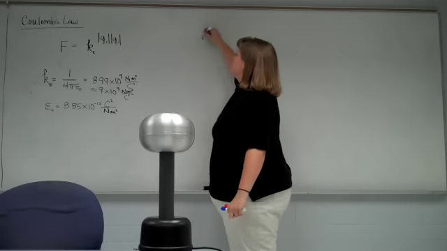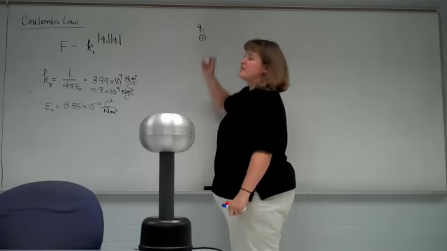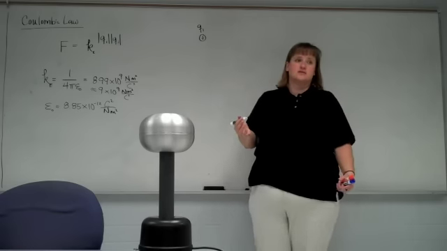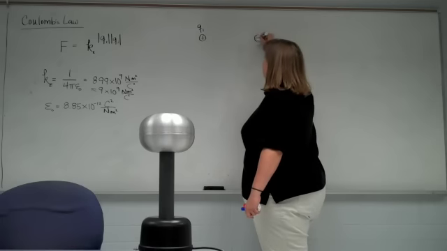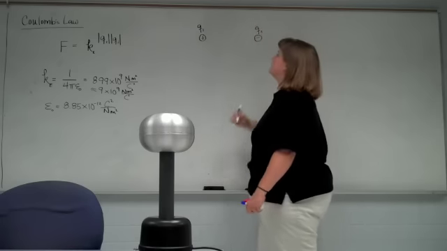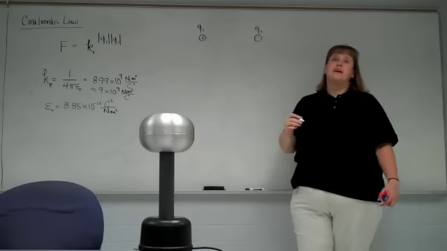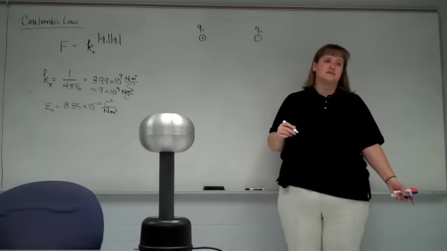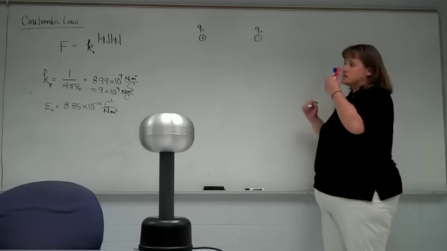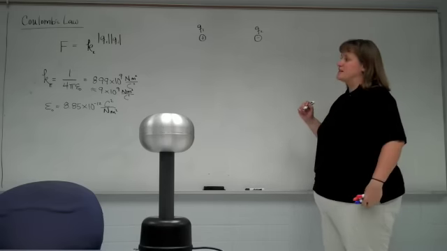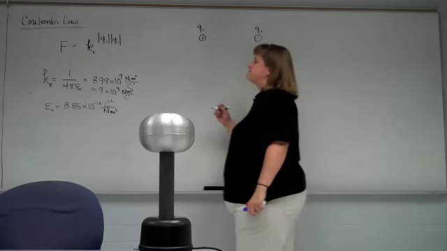If I have two little objects, one of them is Q1, that means how much excess charge, how much net charge that object has. And Q2 would be the charge of the other one. They can be positive, they can be negative. It doesn't really matter. But we're going to use their magnitudes in determining the magnitude of the force.